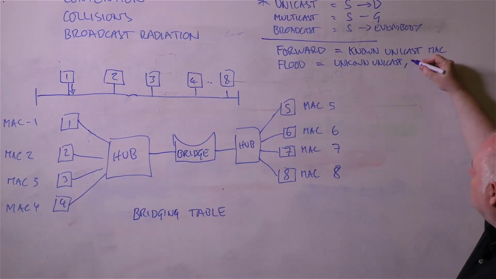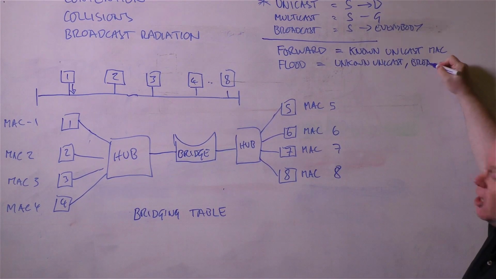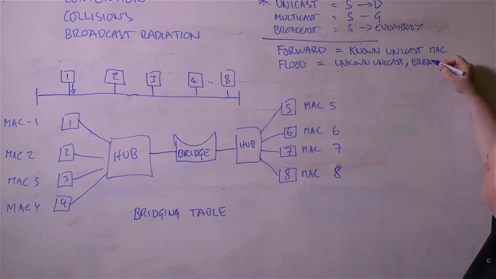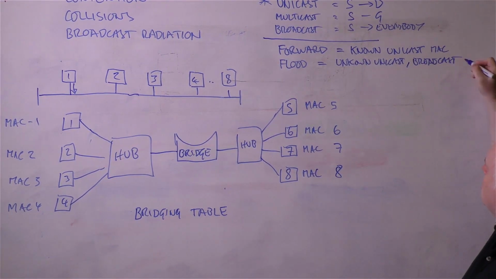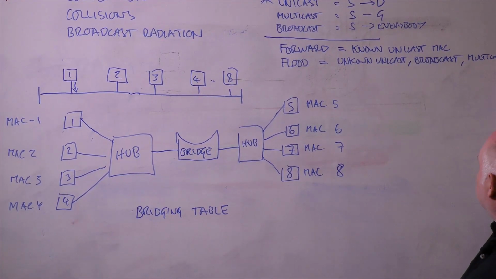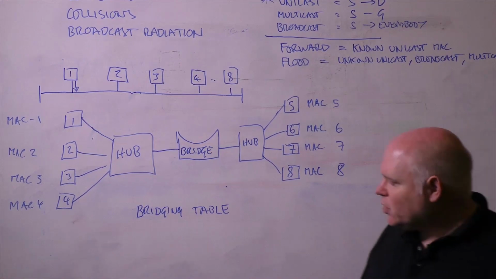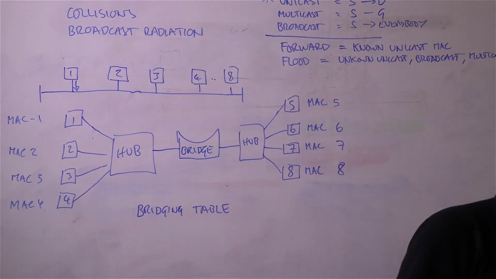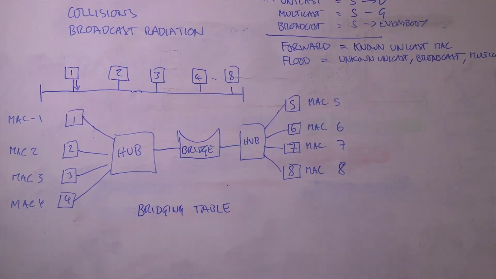Or if I have a broadcast, because broadcasts have to go everywhere, or a multicast. Because I don't know where these things are. Okay? They don't relate to a specific machine.